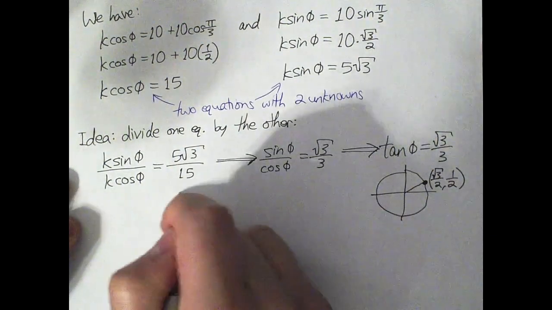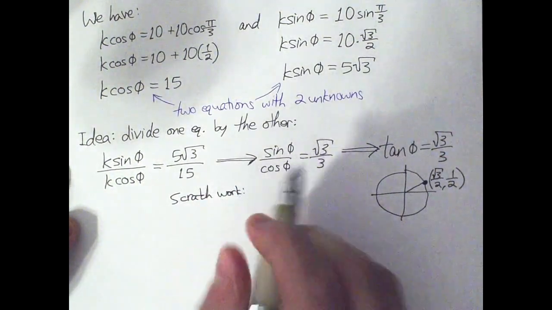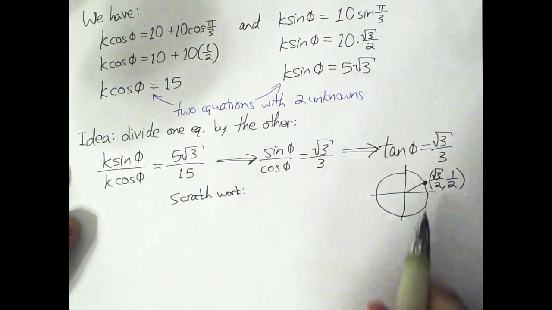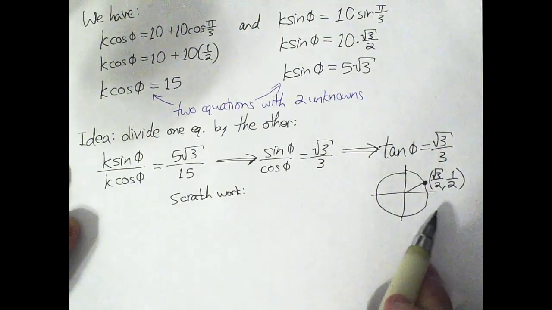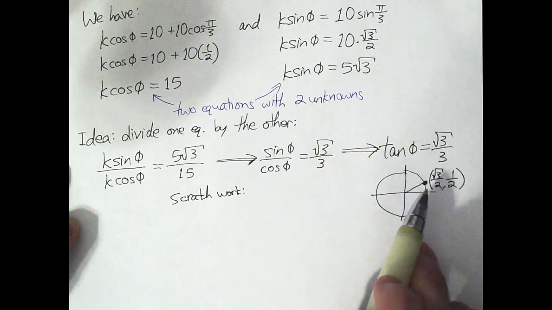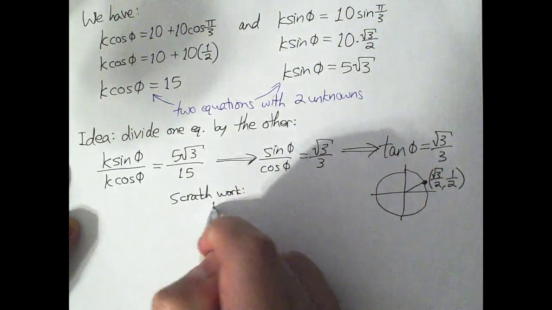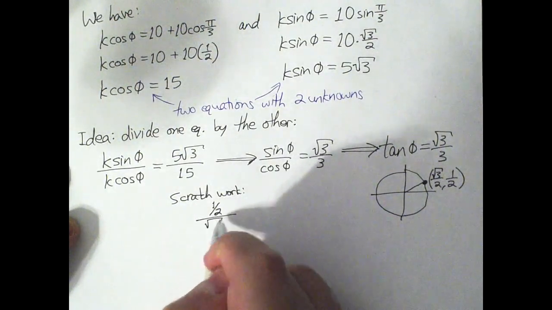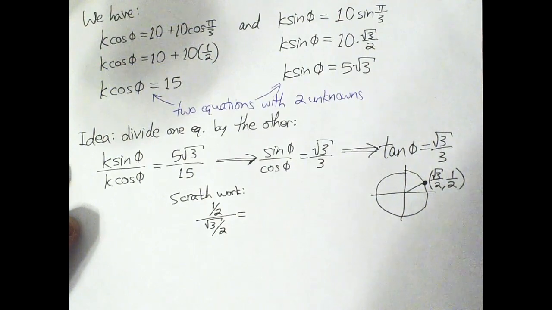Do you want to check that? Let's check it. This angle, by the way, is phi equals pi over 6, right? Phi equals pi over 6. But what I'm going to check is if I have 1/2 over the square root of 3 over 2, does this get us the number that we want?